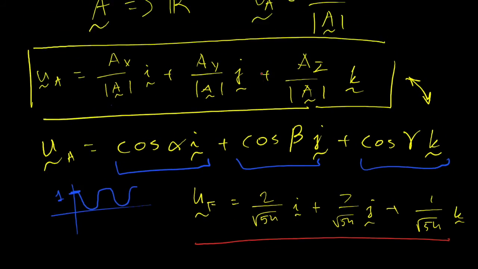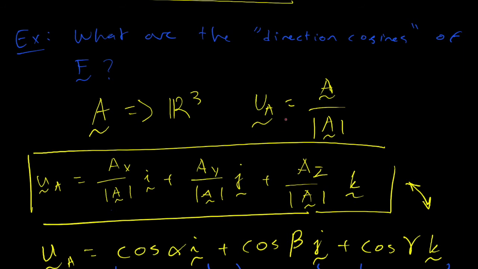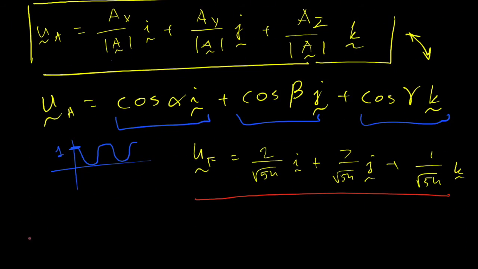The question is asking us what are the direction cosines of f. So basically asking what is the angle alpha, what is the angle beta, and what is the angle gamma. So we see that these two expressions are equal to each other. I've mentioned this many times at this point.